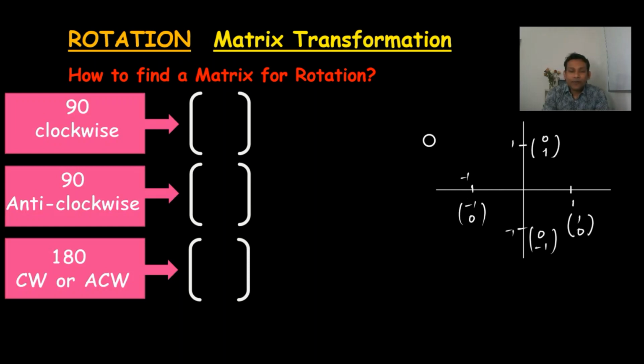Now what is my method? You have to remember the identity matrix. The identity matrix is 1 0 0 1.